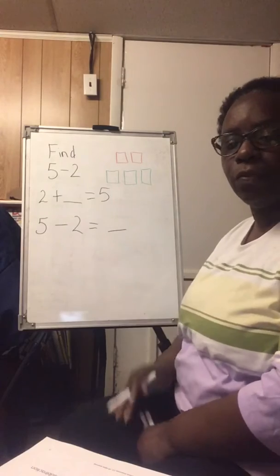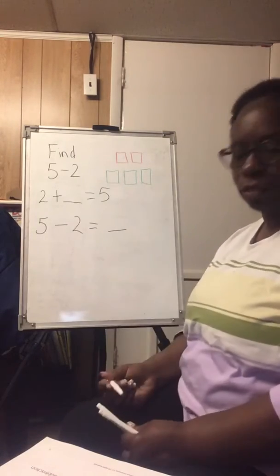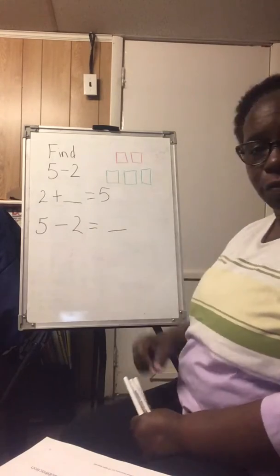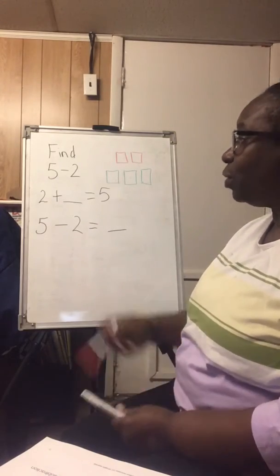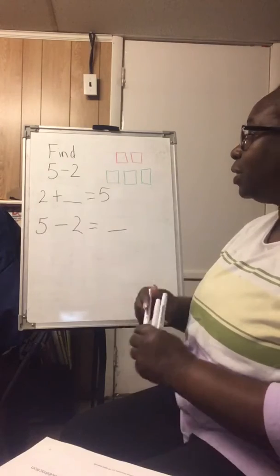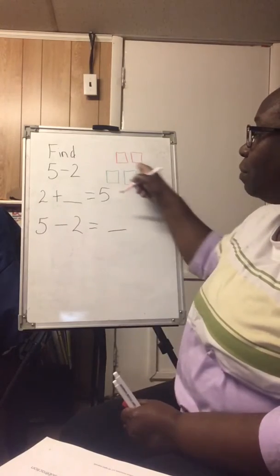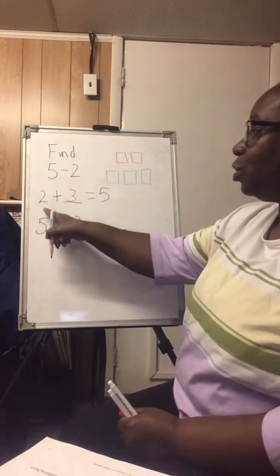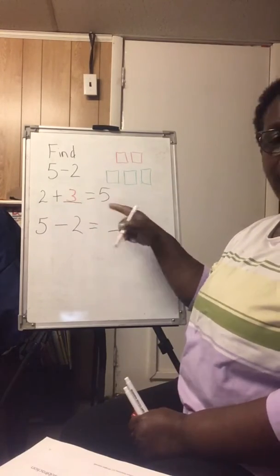So how many blocks did we just add on? How many green blocks do I have up there? Right, we have 3. So 2 plus, and we're going to put our green block number because that's how many we added on. 2 plus 3 equals 5.